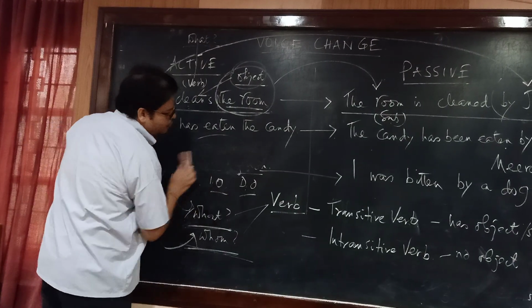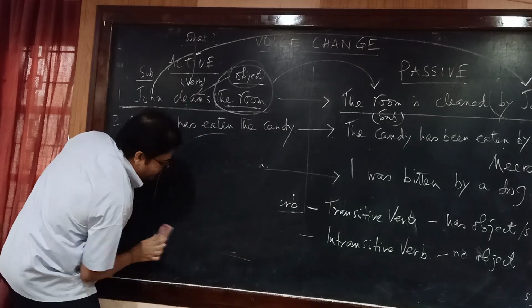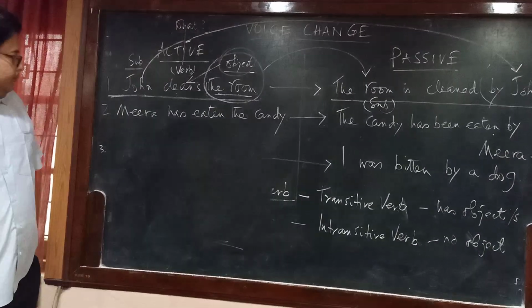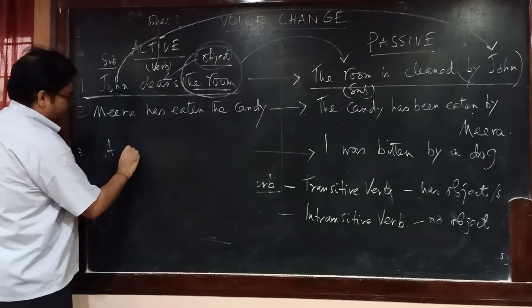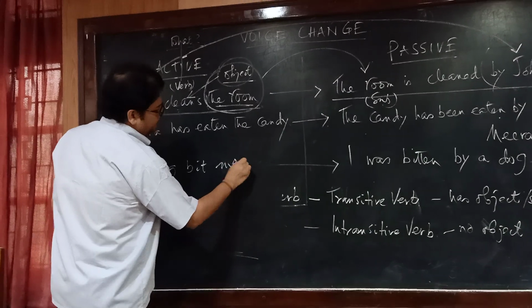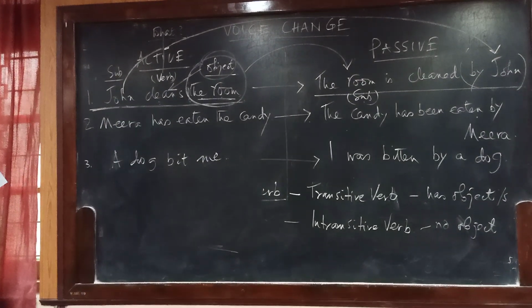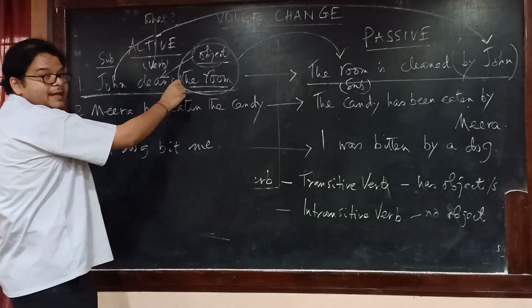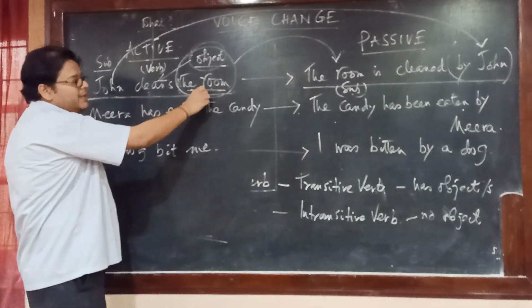So let's go back to what we were doing. This was the sentence here, right? So in the first sentence, John cleans the room. Now it is clear to you the room is the object.